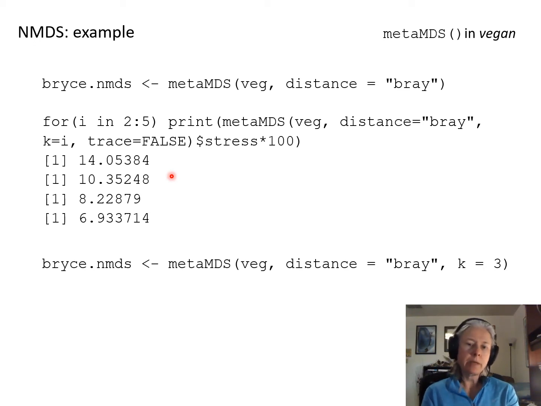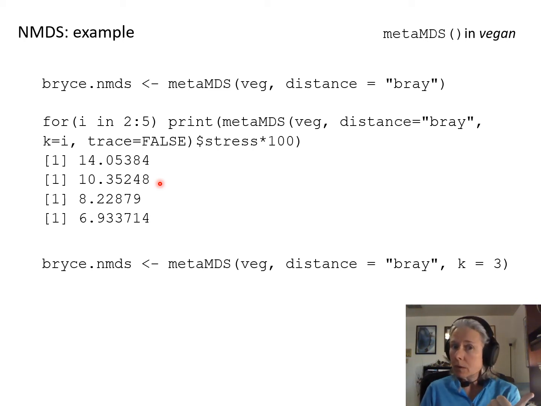Versus if we go from K of 3 to K of 4, we only reduce it by about 2, and as we go from K of 4 to K of 5, we reduce it by about 1. So this indicates that a K of 3 here is the most parsimonious solution. All of these values of stress are acceptable, but the biggest drop-off was from K of 2 to K of 3, and so K of 3 is going to be the best solution.